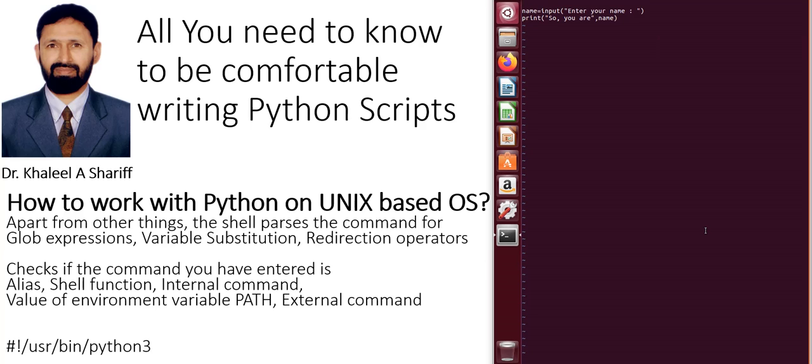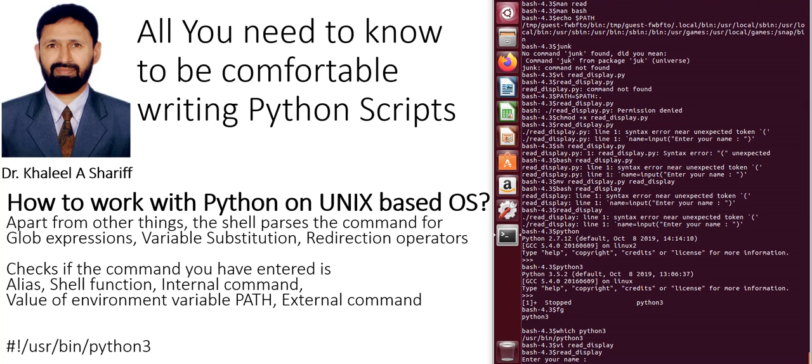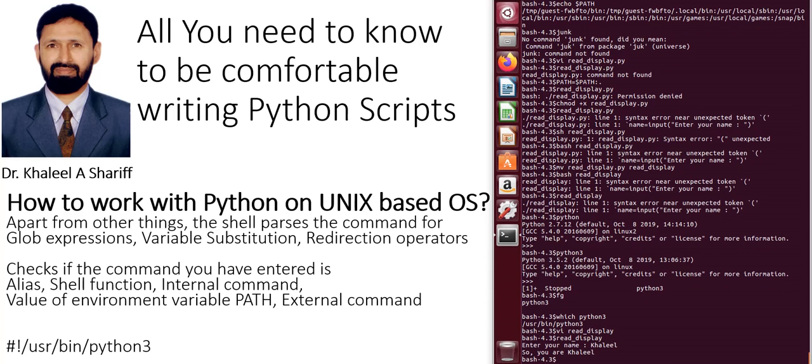So now let us go on to give hash exclamation /usr/bin/python3. Now when I do this, save this program and execute, let us find out what it does. I am executing this. Now it is asking to enter your name. I entered my name and hit the enter key, and it is giving me, so you are Khaleel. Let us try and understand what happened.